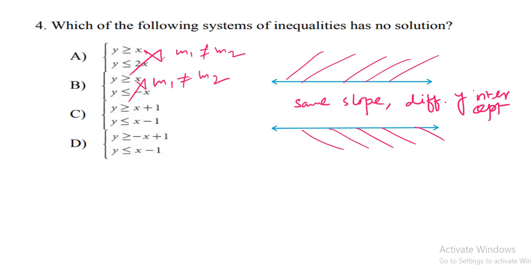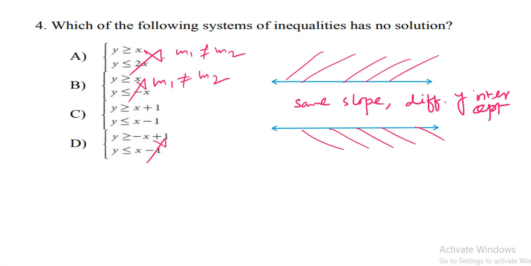And in option D, the slopes here are also different, m equals minus 1 and m equals 1, so this will not be possible.